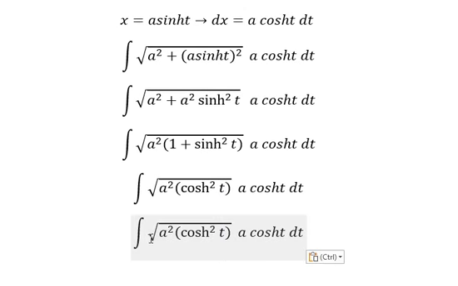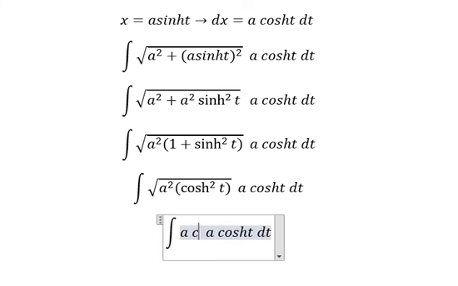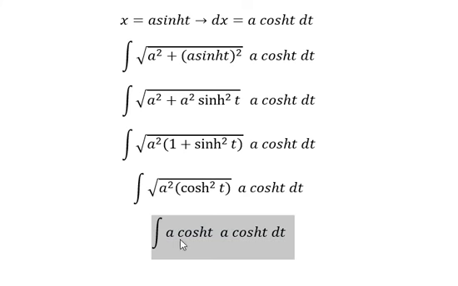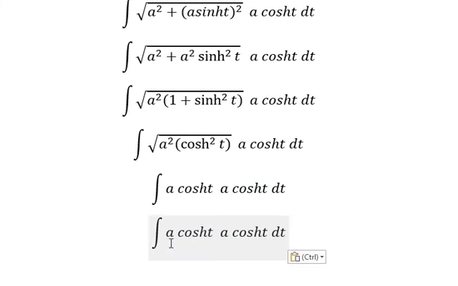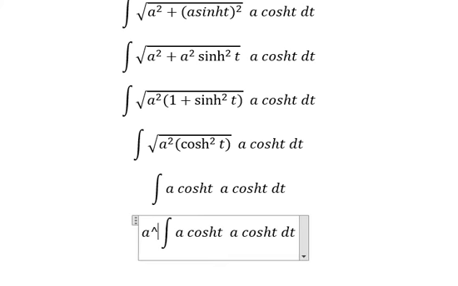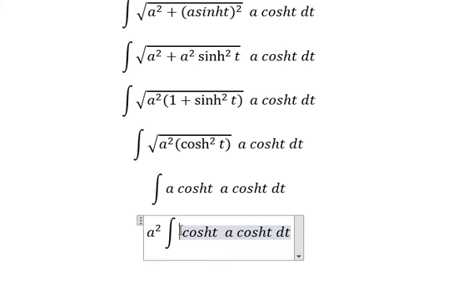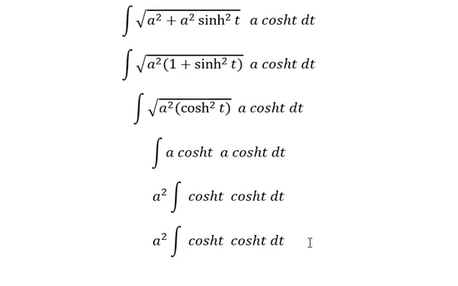The square root of a square cosh t square, we have a cosh t. So a and a, we have a square. Cosh t, we have cosh t square.